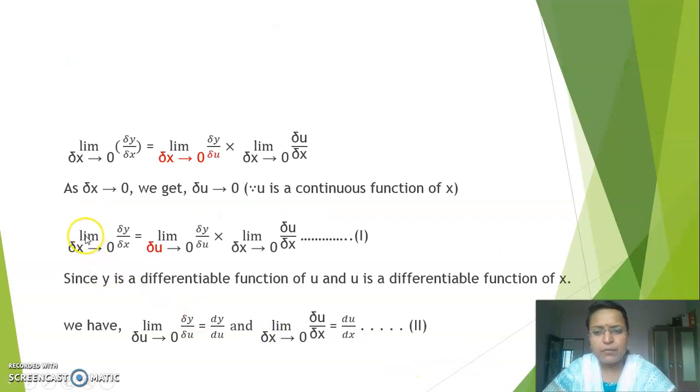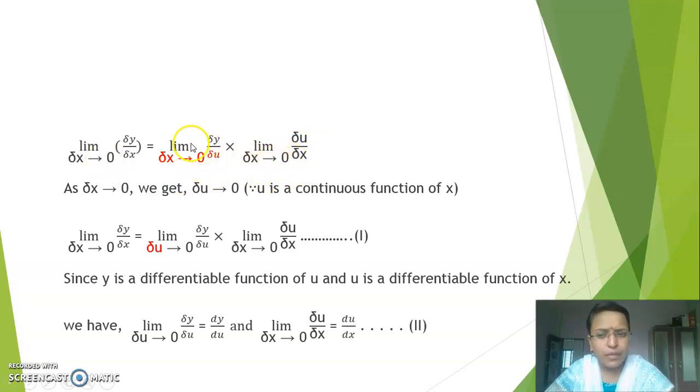Then apply limits on both sides. Here observe this term delta y with respect to delta x, then limit as delta x tends to 0. Similarly here delta u with respect to delta x, then delta x tends to 0.